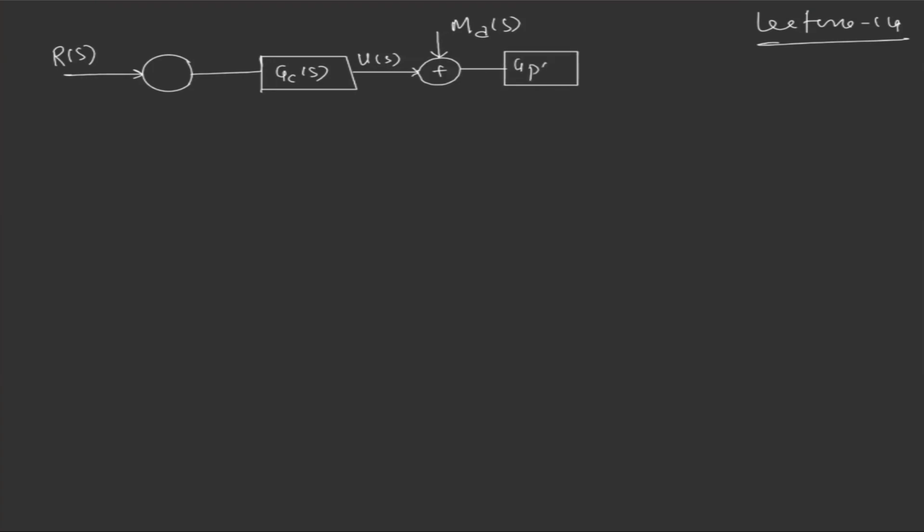So GP of S, this is the plant, and the output is Y of S. In the feedback, we had measurement noise, which is due to the sensor malfunction maybe. And this was measurement noise, W of S. And we had the sensor transfer function, H of S.